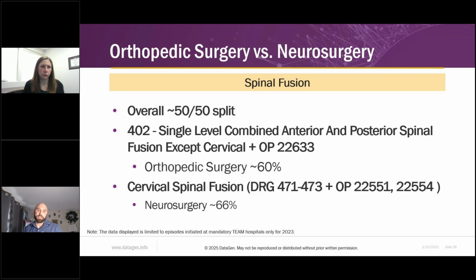But for specifically the single level fusions except neck, it's slightly more orthopedic based, whereas the neck spinal fusions are more neurosurgery based, which makes sense logically. So yeah, that's it for spine.